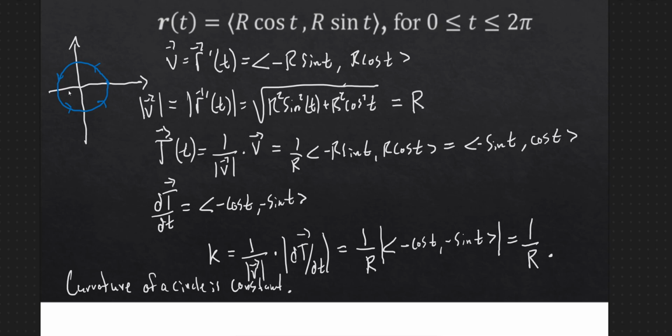As r gets really small, the curvature is going to get very, very large, right? Compare going around in a car in a circle that looks like this. A really, really tight circle. That's going to be tough to do. We're going to need a lot of friction for that. That's a lot of curvature. Compare that to the curvature up here, where we might be able to go without turning as much. So that's the idea.